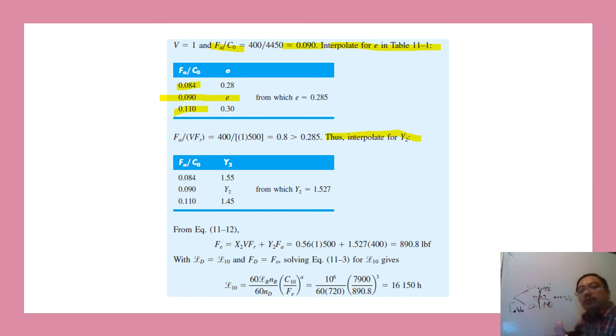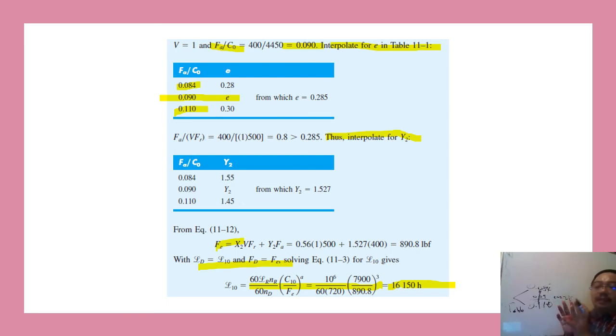Okay, so FE equals, you can put in all this in the equation, you can get 890. Then put in 890 pound for the equivalent load, and then you put the answer in this, then you get 16,000 hours. And what does that mean, 16,000 hours? You divide by 24 hours per day, and this is the time that you get.